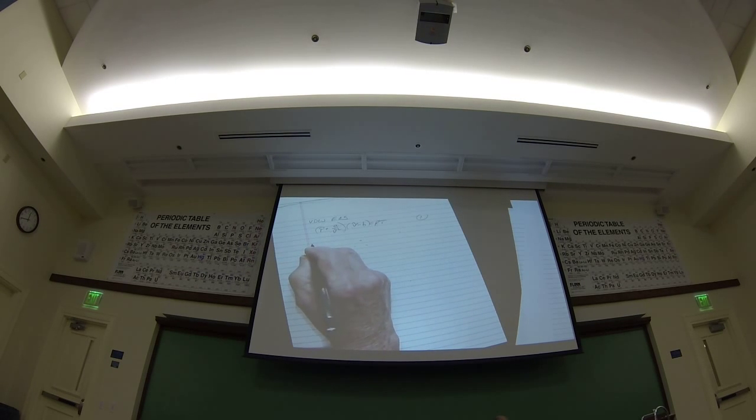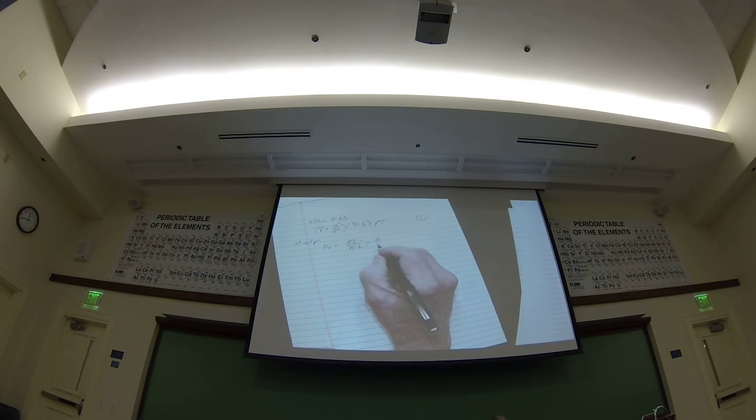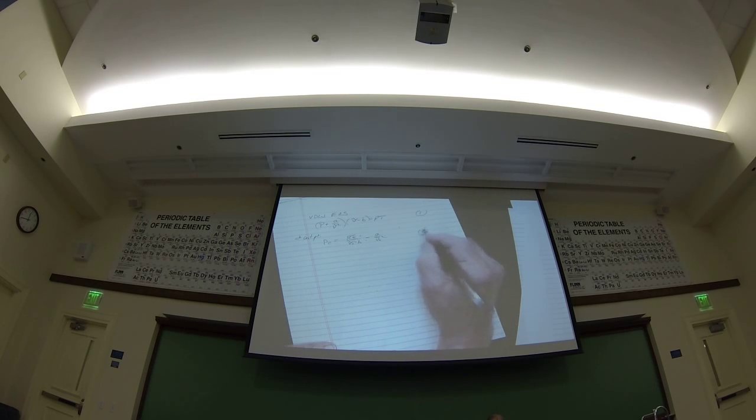We can rearrange that and say at the critical point, the pressure PC can be written as RTC over VC minus b, minus a over VC squared. That's equation 2.